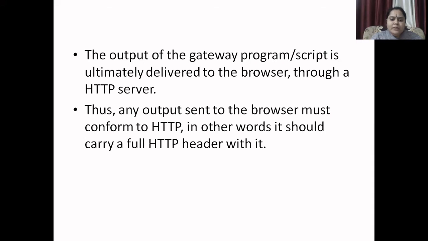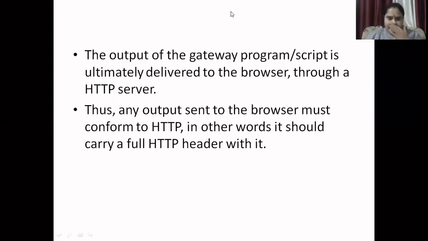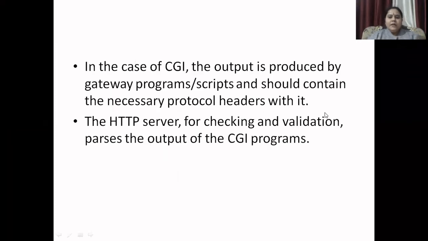In other words, it should carry a full HTTP header with it. Next, in the case of CGI, the output is produced by gateway programs or scripts, and should contain the necessary protocol headers with it.